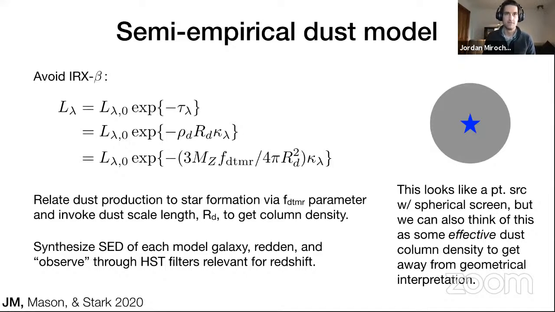The free parameters here are the opacity of dust, which we assume is a power law, the dust scale length, which we parameterize, and then we link the amount of dust to a fixed dust formation efficiency, or dust-to-metal ratio, f_DTMR.